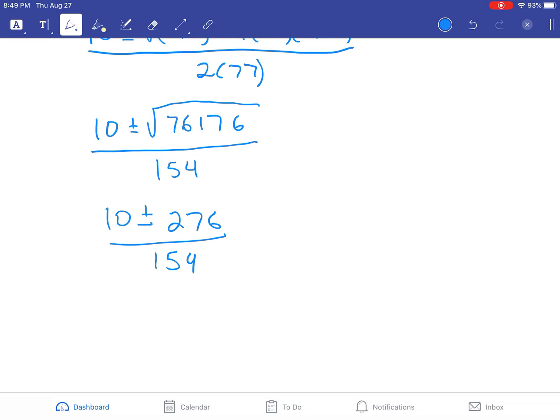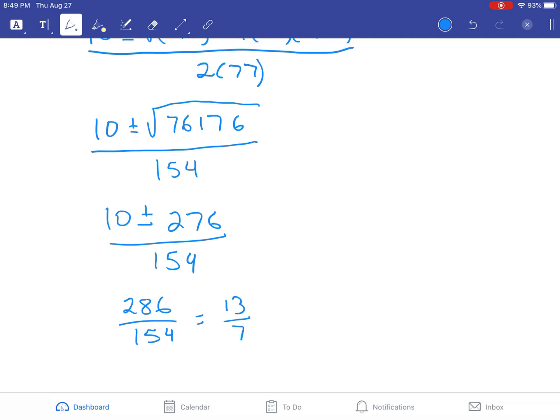So we'd have 286 divided by 154, and if we reduce that fraction, we will have 13 over 7.